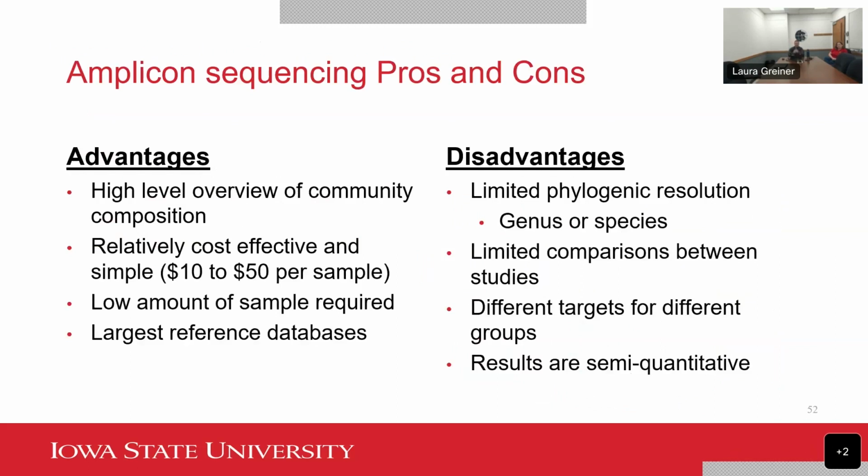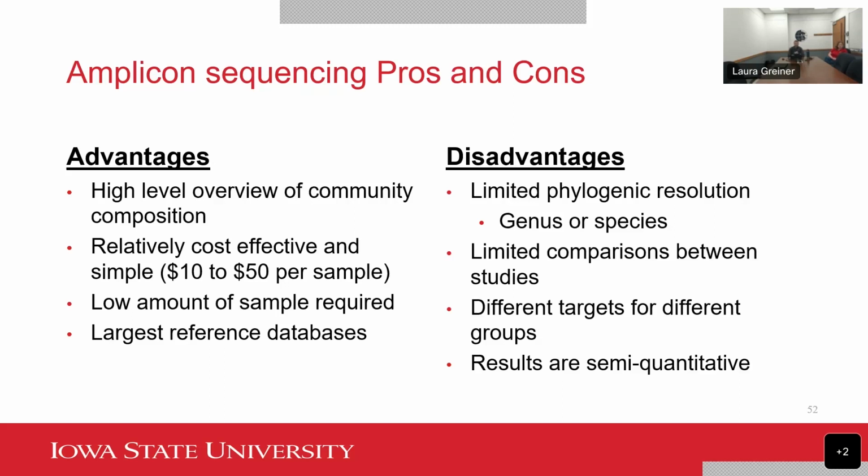So it's just a quick summary. We've talked about the approaches that are possible, and then went into some detail about sequencing and analysis of amplicon sequencing. I'm just going to quickly summarize some of the advantages and disadvantages that I see. Some of the advantages of 16S and amplicon sequencing is that it does a really good job of giving you a high-level overview of the community composition and structure of those samples or of that organism.